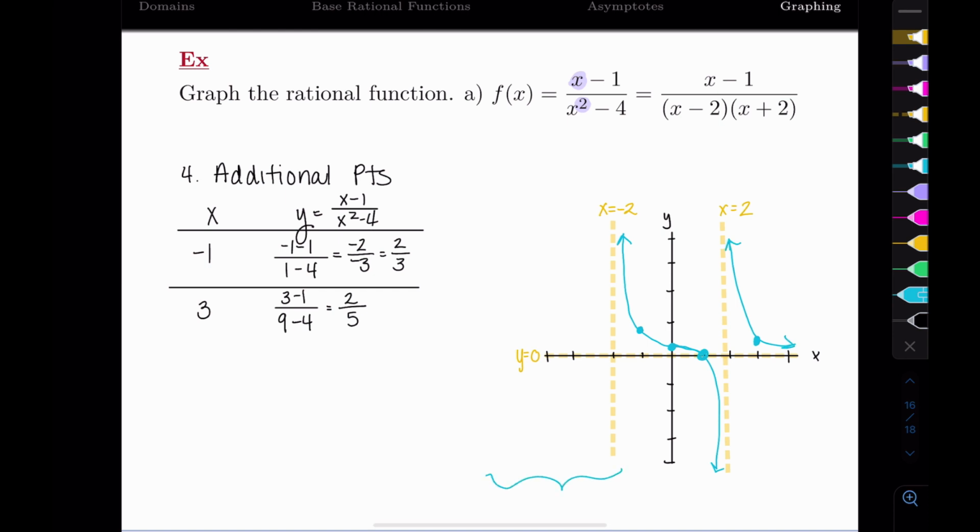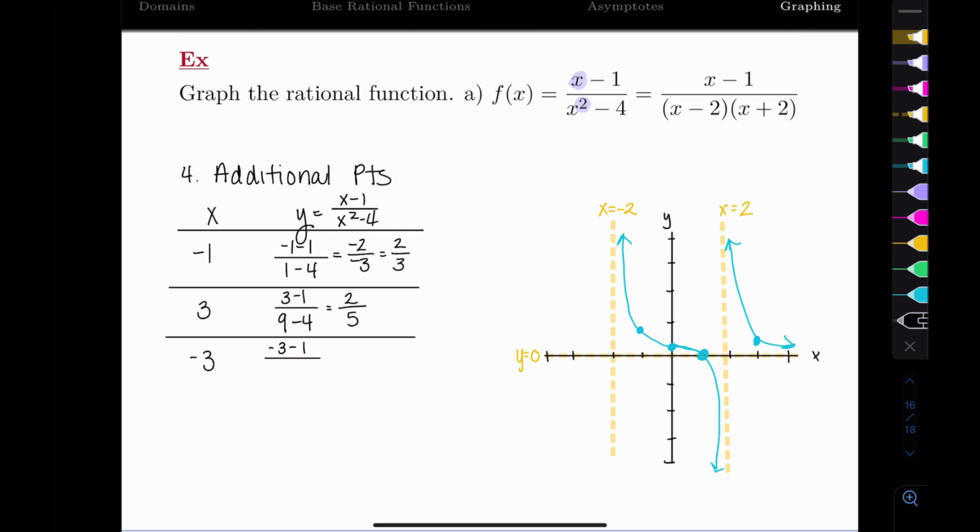And then same thing on this half of the graph. I really just need a single number to figure out what's going on because we're either going to hug up here or we're going to hug down here. So we can pick -3 to figure out what's going on. That gives us -3 minus 1.